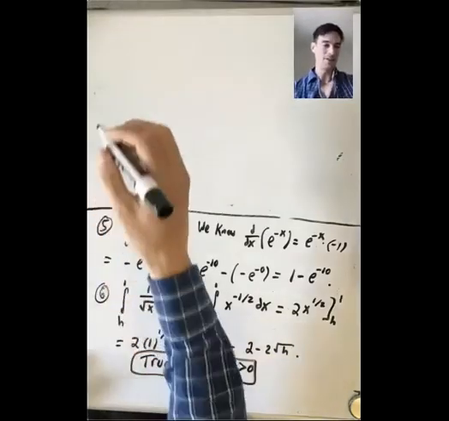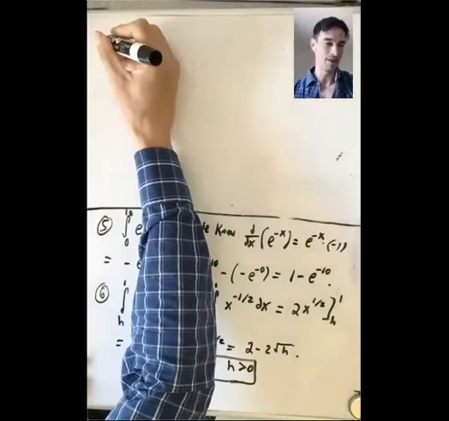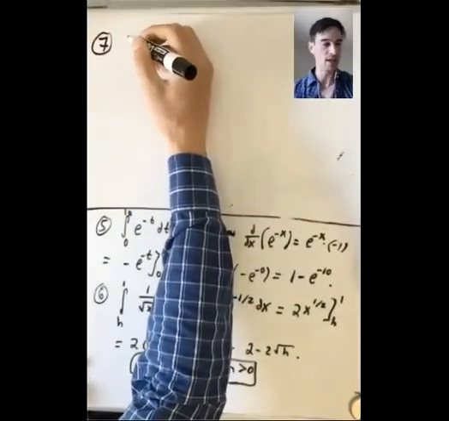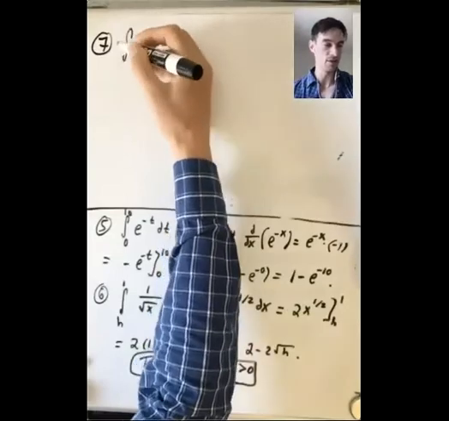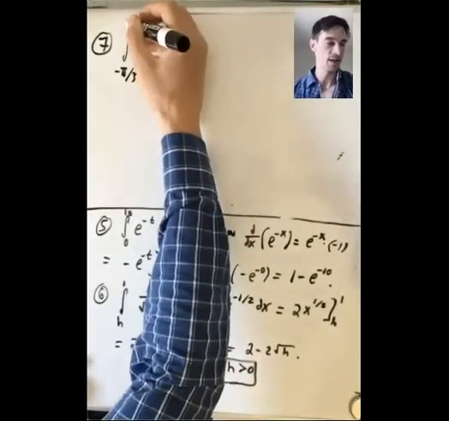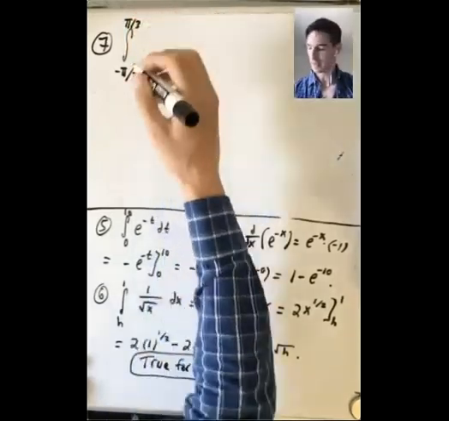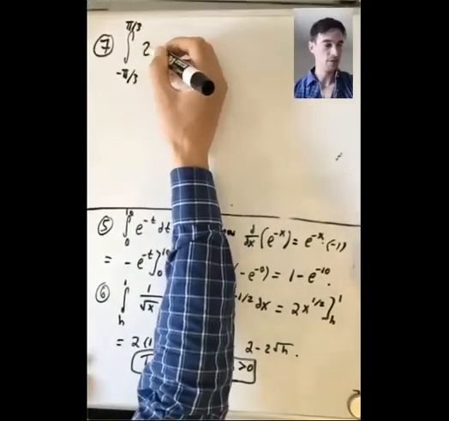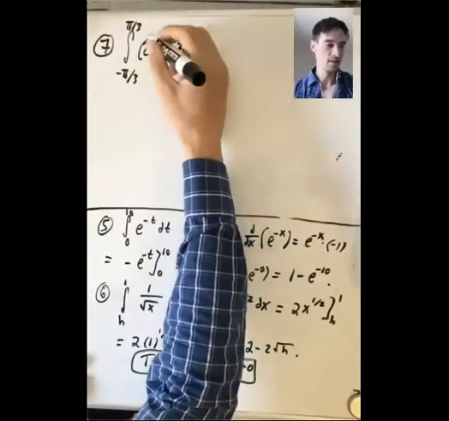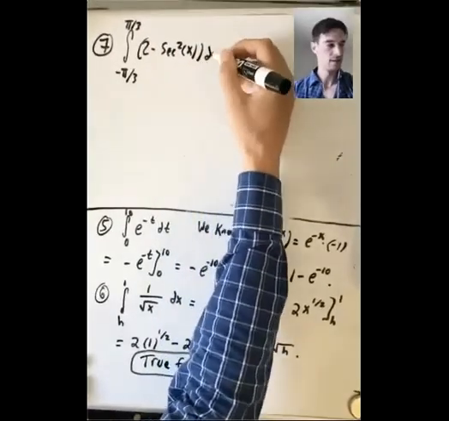Okay, let me just keep going. Let me do a couple more examples. There's nothing tricky going on. I just want to show you all the integrals that we can compute now. Like the integral from minus pi over 3 to pi over 3 of 2 minus secant squared x dx.